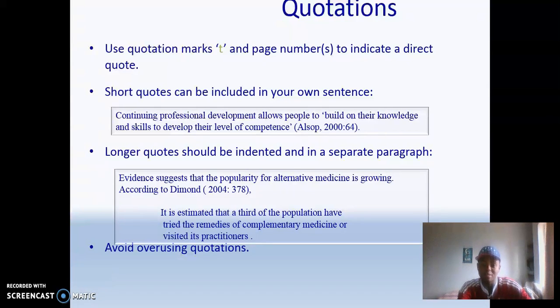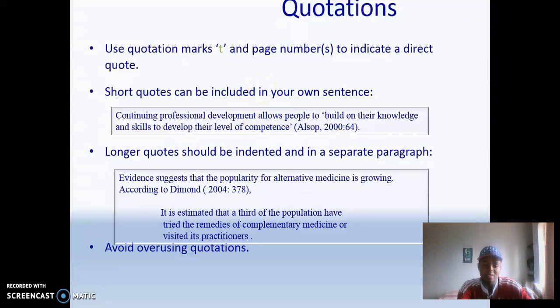Alsop in this case is the author, and then the date and the page number. Longer quotes should be indented in a separate paragraph. You see, they first say evidence suggests that the popularity for alternative medicine is growing according to demand, 2004, 378, the year and the page number, and then the quotation is there.